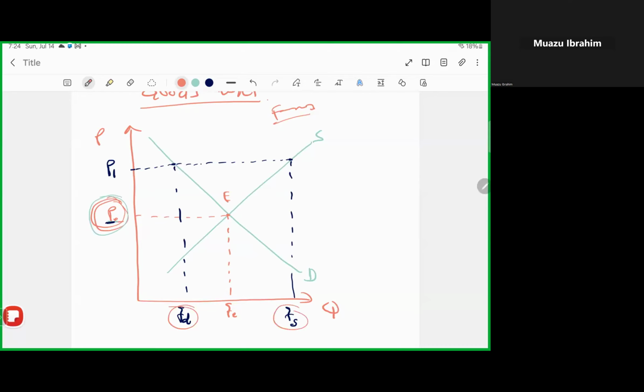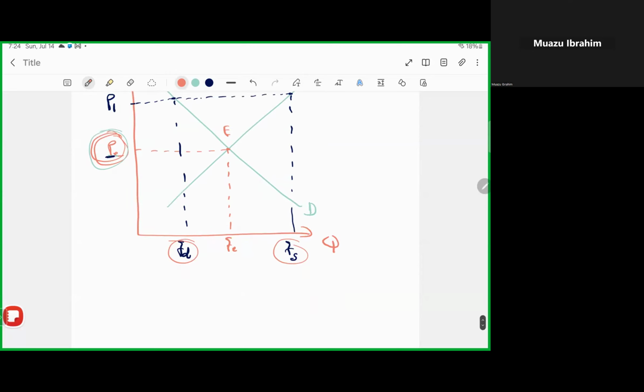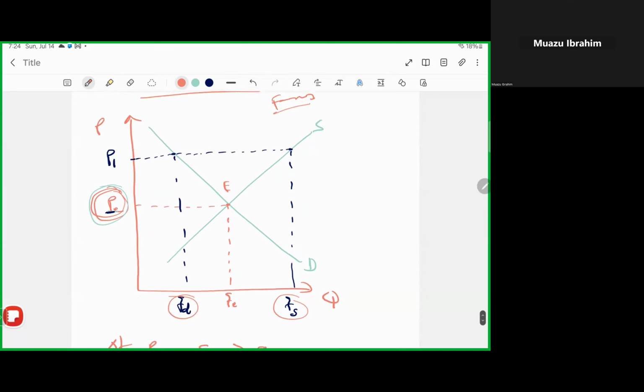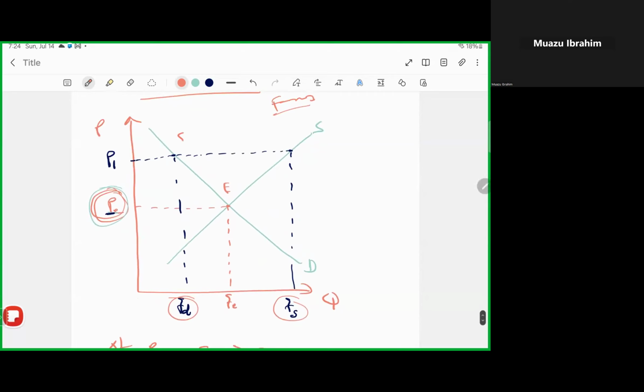If quantity demanded is less than quantity supplied, you will have a situation of excess supply, because they supply more than is being demanded. So at P1, you realize that quantity supplied is more than quantity demanded, so you will have the existence of a surplus, because supply is more than demand.